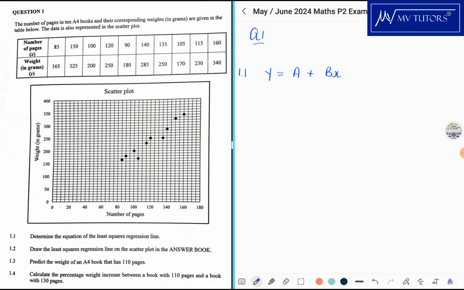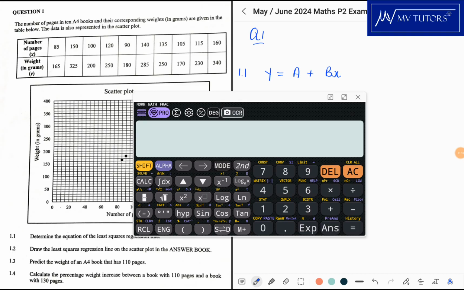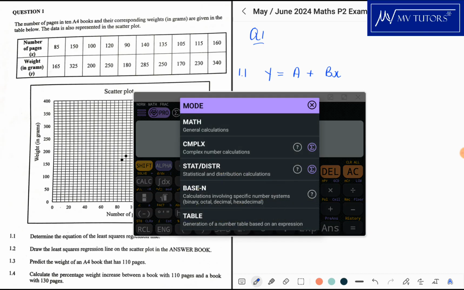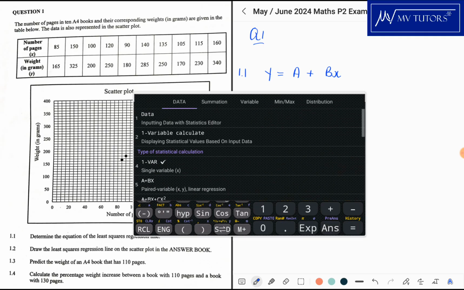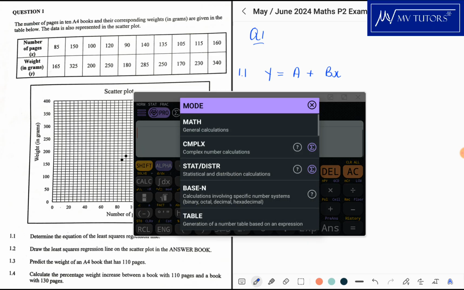And once you put this information into the calculator, it can give you the value of a and the value of b. All right, so let us get to the calculator, go to the mode, which will be stats, and we are going to put in the a plus bx data. All right, let me start again.